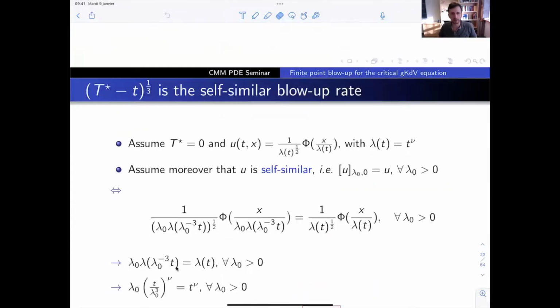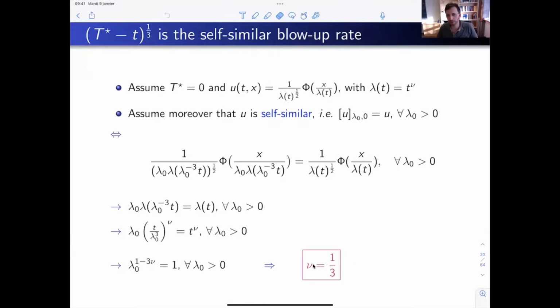Okay, and so this is true if nu is equal to 1/3. Okay, so we see that 1/3 is exactly the blow-up rate for self-similar solution. And what we saw is that if we have blow-up, we blow up at least quicker, maybe equal, we don't know, but equal or with higher rate than this self-similar blow-up rate. Okay, so this was somehow what we could say about the local theory.